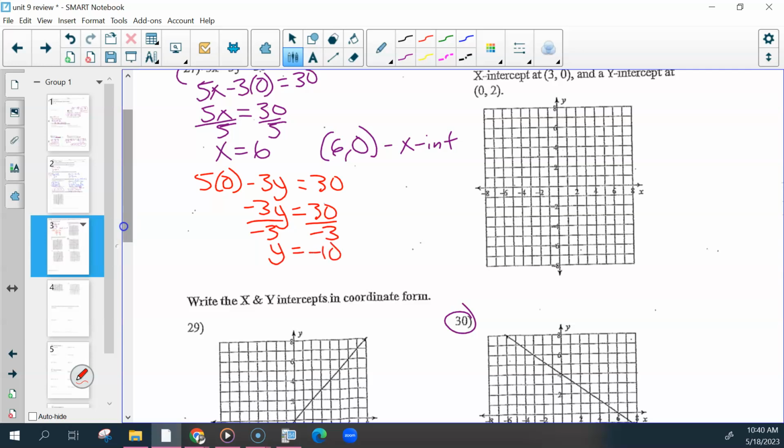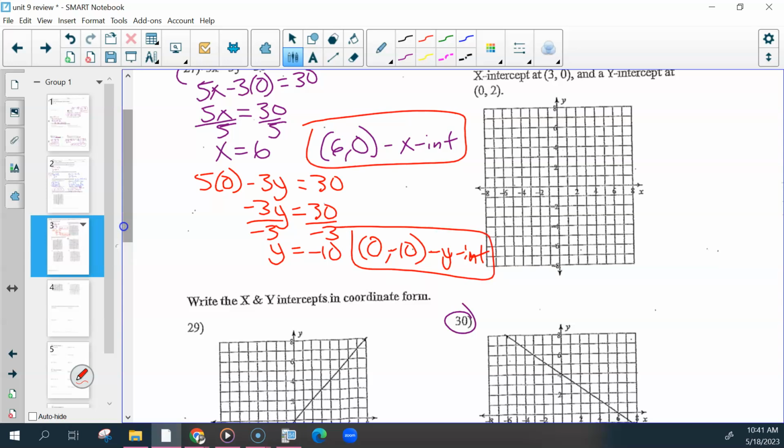So this will be your y value. You put 0 in for x, so that would be your ordered pair. And those would be your two answers, the x and y intercept. Questions on that one?